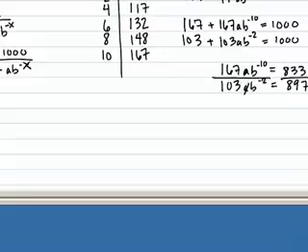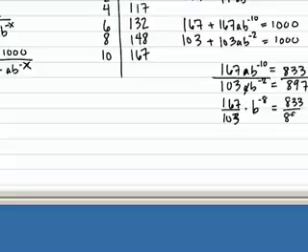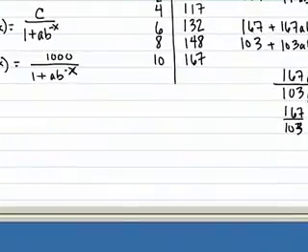My b's, because the base is the same, I can go ahead and subtract the exponents. So my next step, I will have 167 over 103 times b to the negative 8 equals 833 over 897. Now to get rid of the fraction 167 over 103, I'm going to multiply by the reciprocal on both sides.